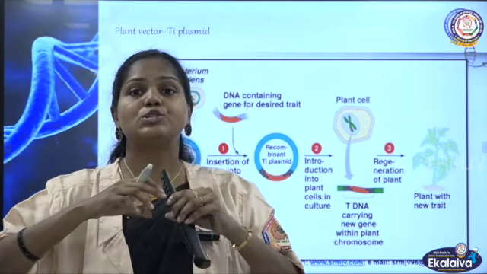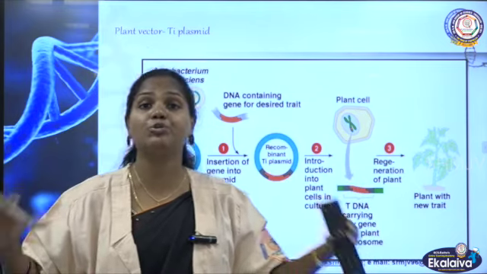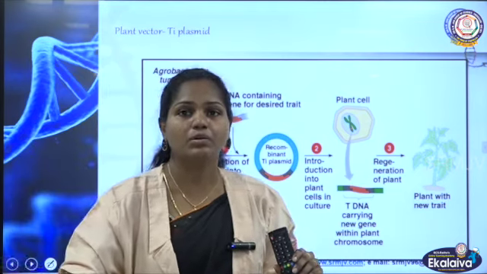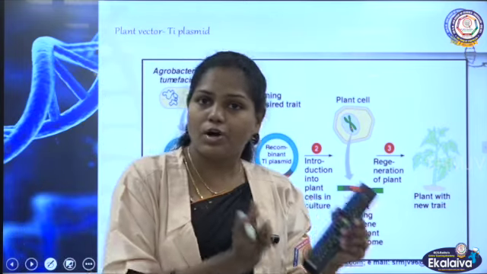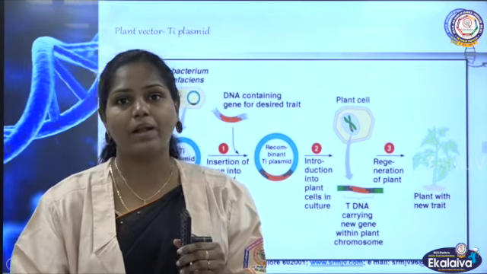In the sense, it loses its pathogenic activity, the ability to cause the disease, but it can still transfer the gene into the plant body. So it is not going to cause disease, and at the same time our gene can be transferred into the plant body.